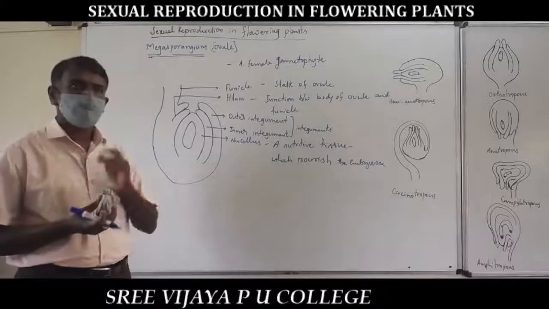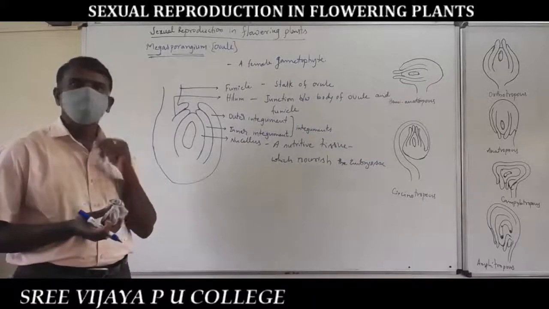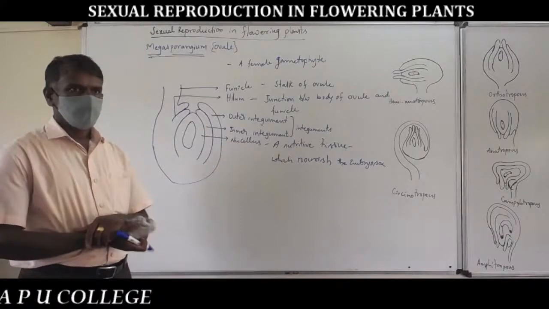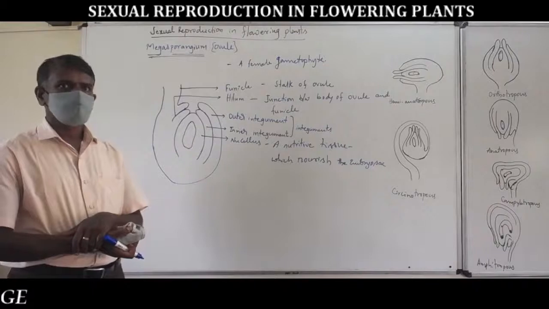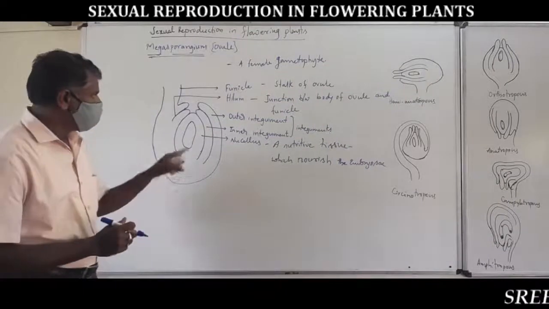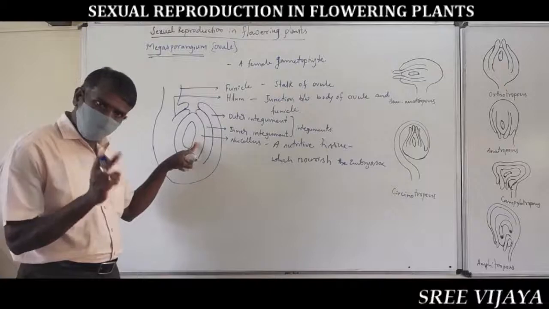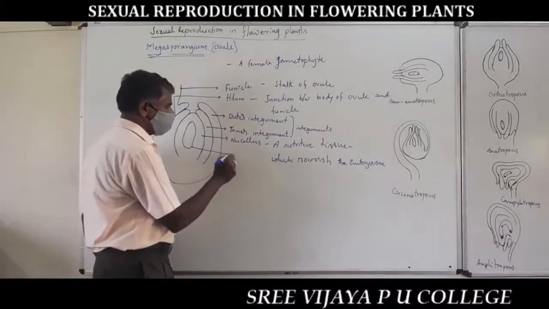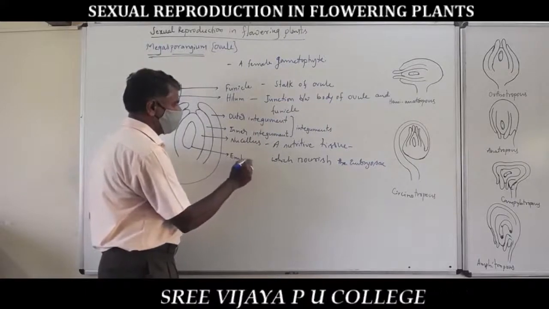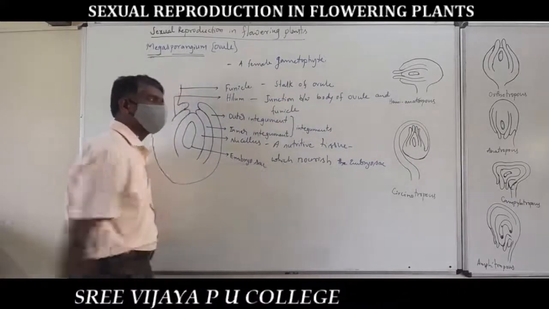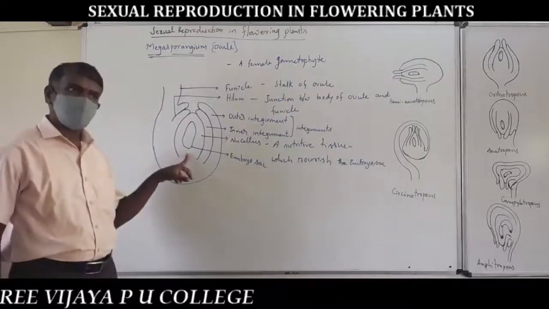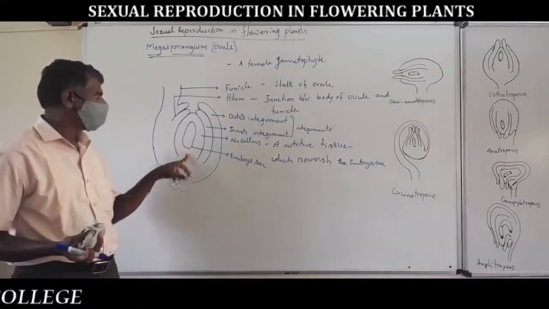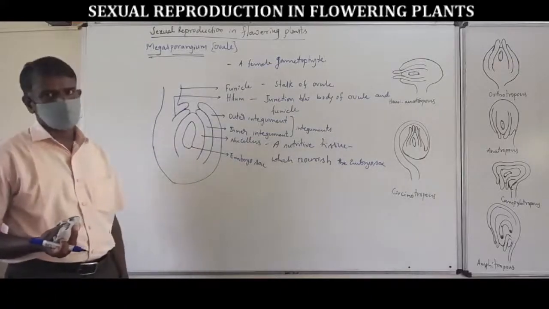Every ovule usually consists of a single embryo sac, developed by one of the cells of the nucellus.